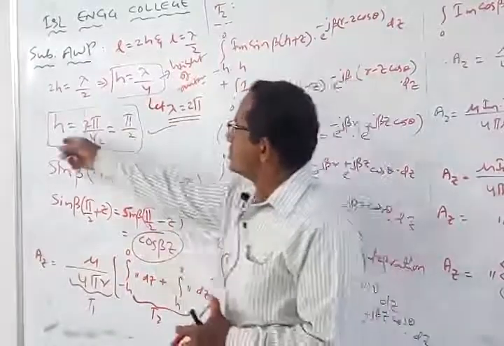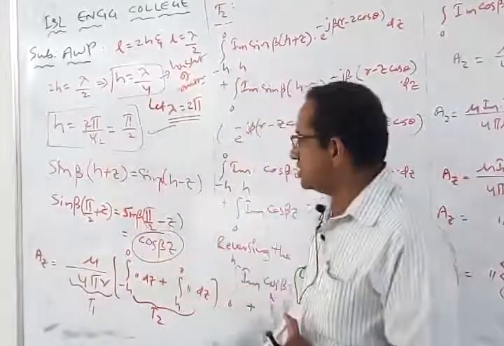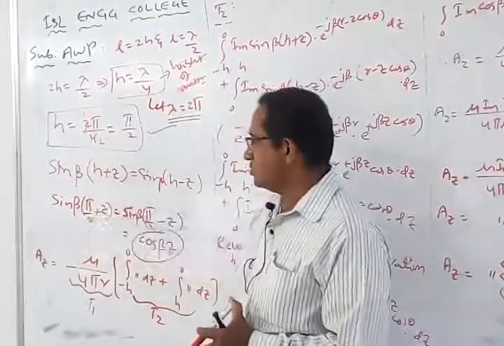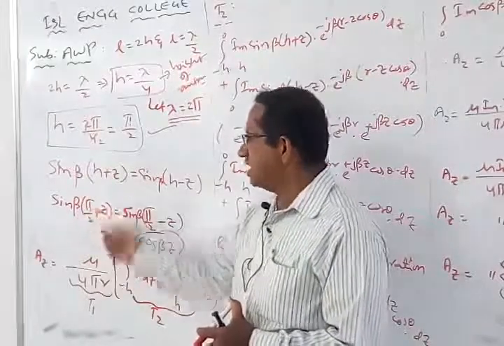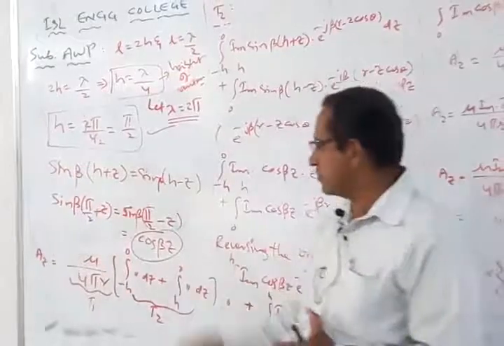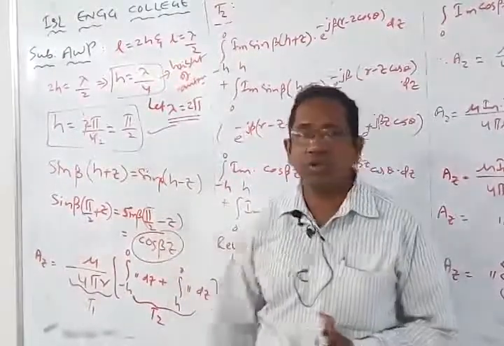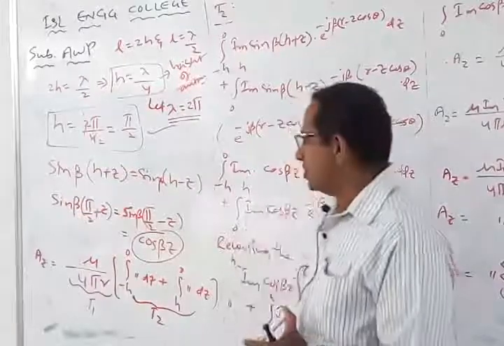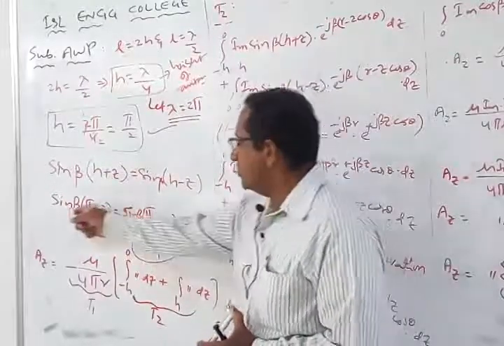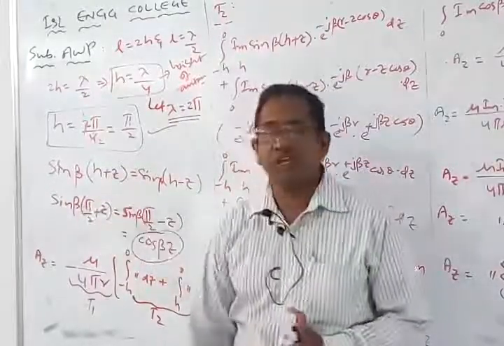Now we found h is equal to pi by 2 just now. So we will substitute this h value here as pi by 2. So it is going to be sine of (pi by 2 plus theta), which is nothing but cos theta. And also sine of (pi by 2 minus theta) is also equal to cos theta. Therefore we can write cos of beta z, since beta is a constant which we take outside.